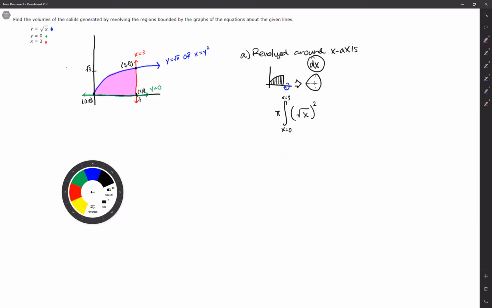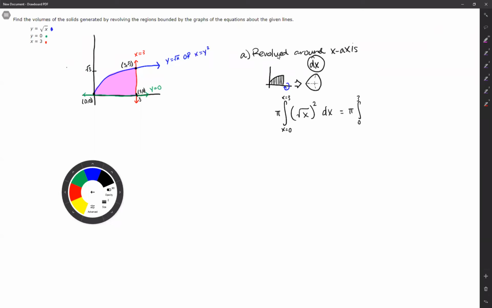We don't have an inner radius because, well, our shape is right next to the axis of revolution. If you wanted, you could have a little r, but it would just be 0, right? For y equals 0. So no need to include that.